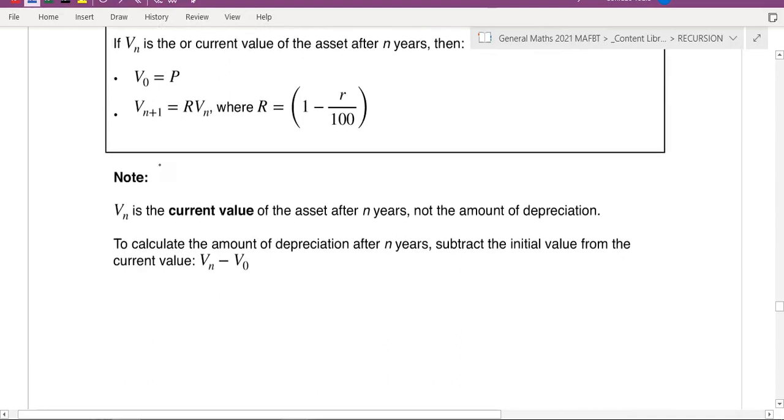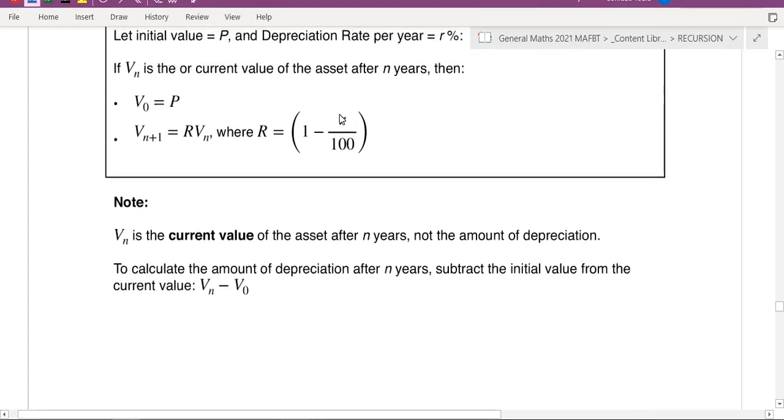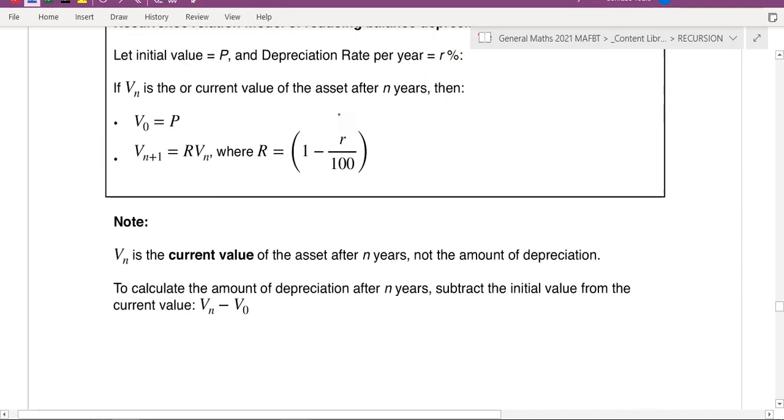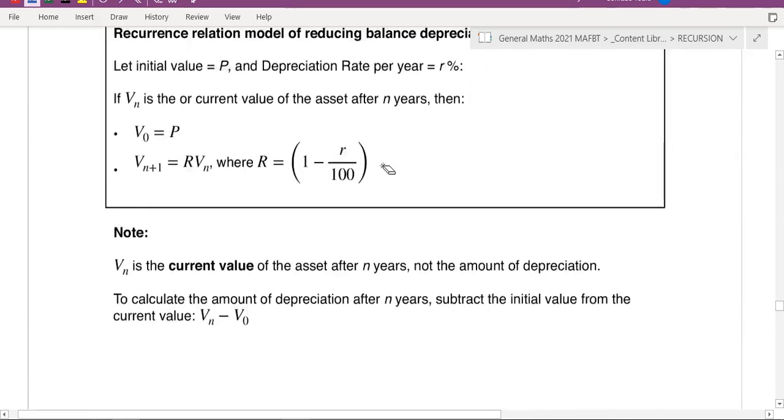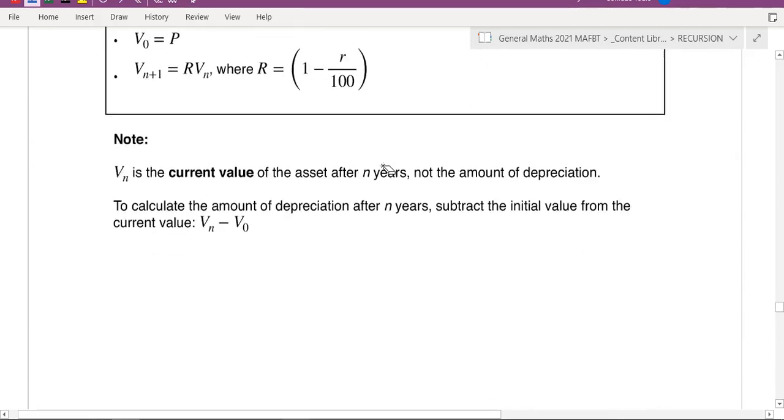It's the same thing. Remember the principle: if it's increasing, it's plus, but if it's decreasing, it's minus. And to find that R value, it's this formula. Also, if you're trying to find how much it's gone down by or how much it's depreciated by, get the current amount and then minus it with the original amount, and you'll get how much it's gone down by.